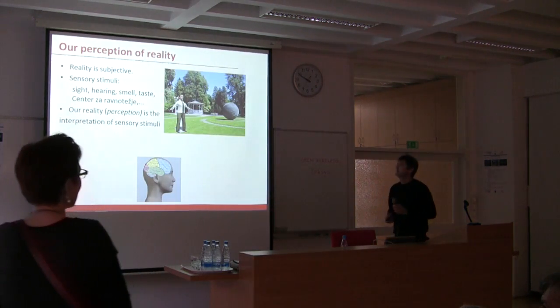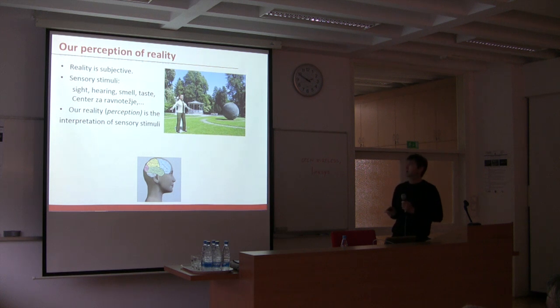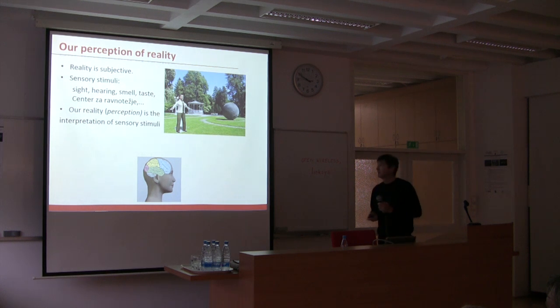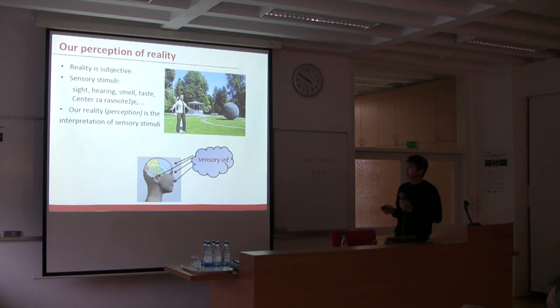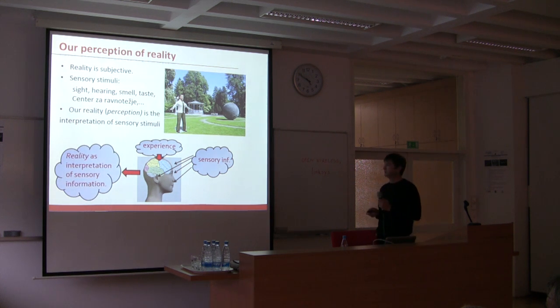So maybe it is wise to begin by spending a few words on ordinary reality. How do we perceive it? Here it is important to emphasize the difference between sensing reality and perceiving reality. Basically, our perception of reality, the reality we are actually aware of, is the interpretation of our sensory stimuli.